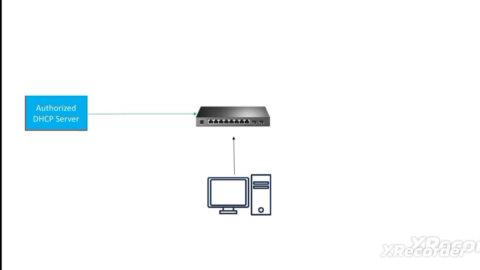Now this is a network switch, and to one of its ports this authorized DHCP server is connected, and to another port this client is connected, who wants to get an IP address automatically from this DHCP server.